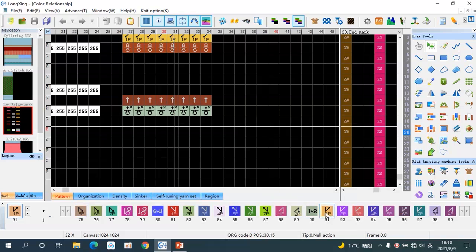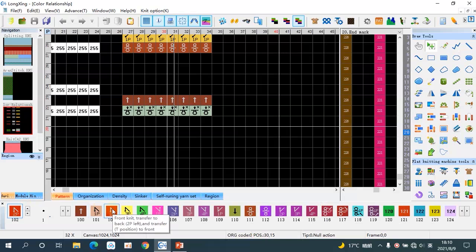Now you can see it is back knitting directly transferred from the back bed to the front bed, then shifting 1 needle towards the right, like 102. Now you can see it is front knitting, shift 2 needles towards the left, then directly transfer from the back bed to the front bed.